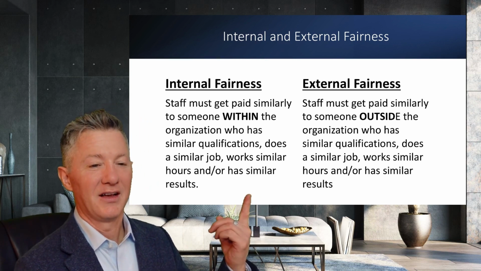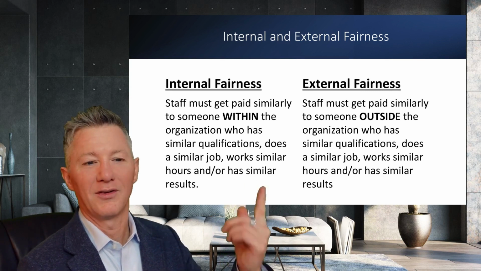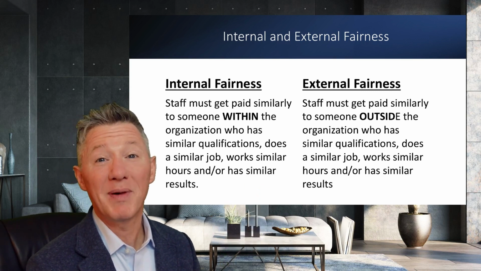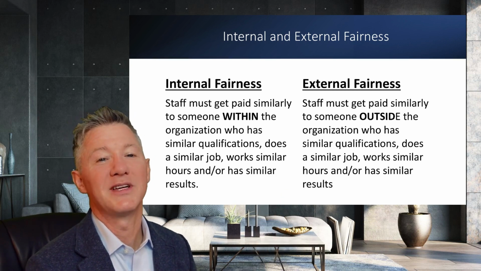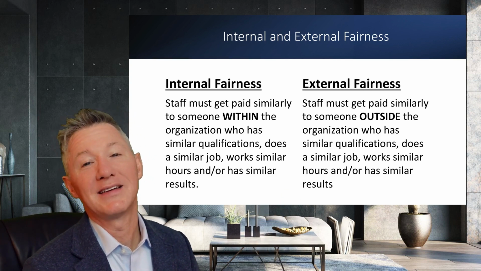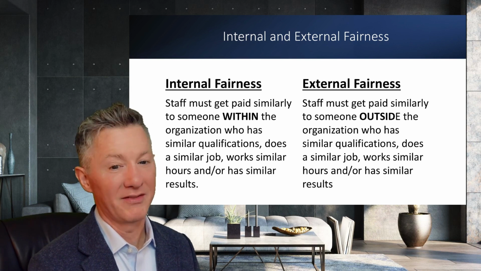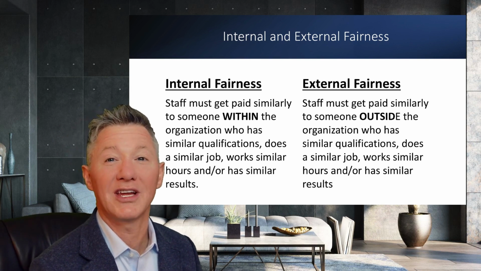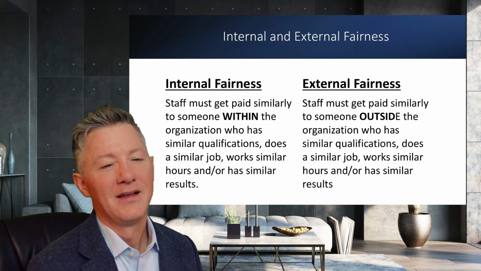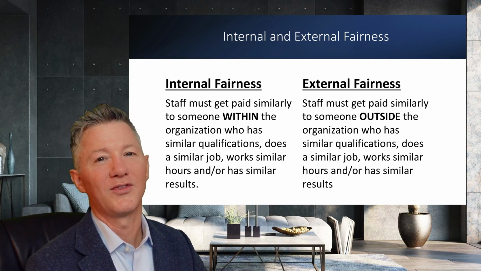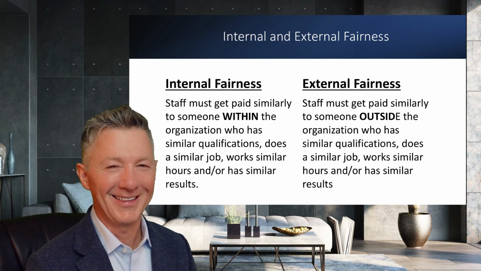If somebody follows those patterns, you've got to pay them the same. But they also need to have external fairness, which means a staff member must get paid similarly to somebody outside of your organization who has similar qualifications, does a similar job, works similar hours, and has similar results. If you violate these rules, your staff's not going to be happy, right? They're not going to be too driven.